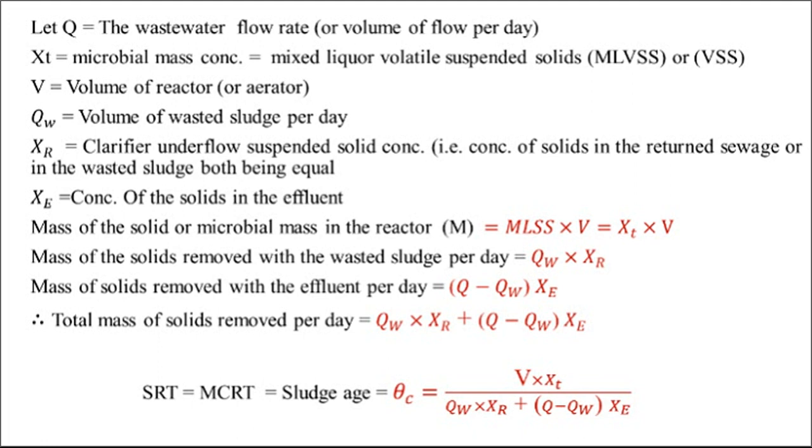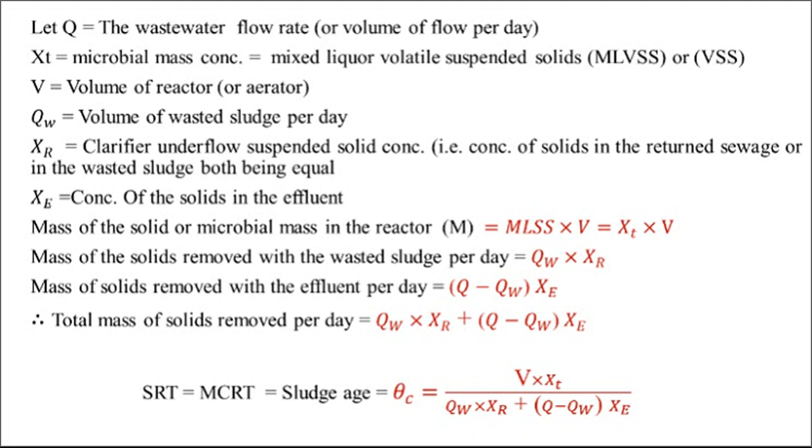QW is the quantity of wasted sludge per day. XR is the clarifier underflow suspended solids concentration, that is the concentration of solids in the return sludge or in the wasted sludge, both being equal. Then Xe is the concentration of solids in the effluent.